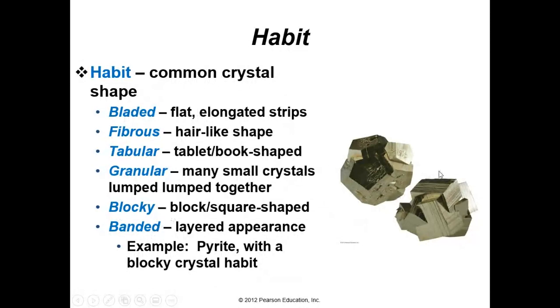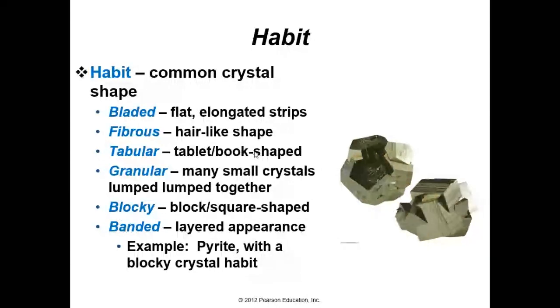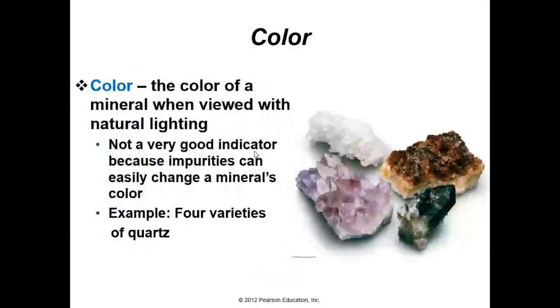Blocky. Okay, this mineral here is blocky. This is called pyrite or fool's gold. Then you have banded. Banded is basically when you have layering. Tabular is book shaped. So yeah, just a bunch of different shapes that a mineral can appear.